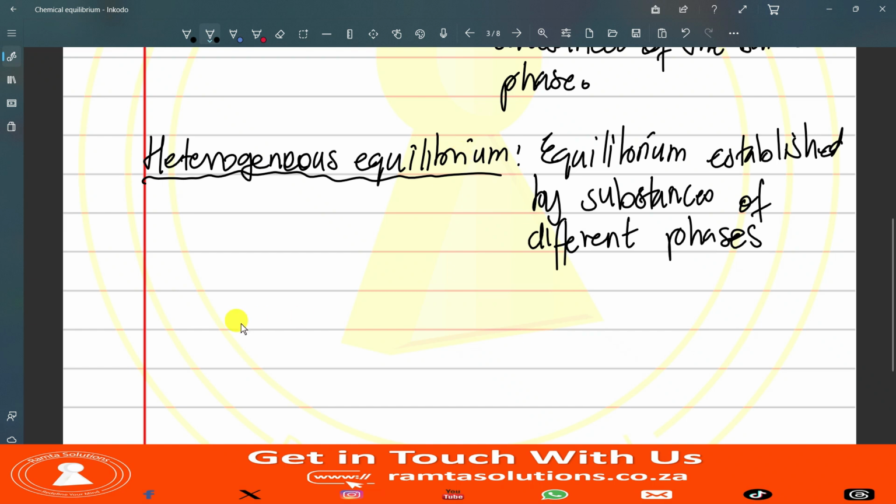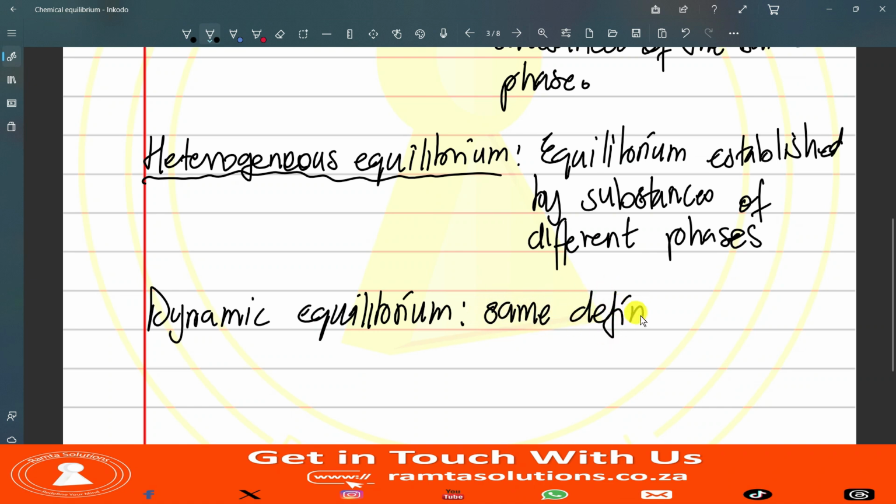Now we also need to talk about dynamic equilibrium. When we talk about dynamic equilibrium, we are going to be referring to the rate.